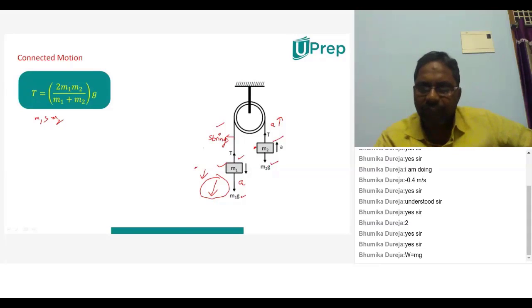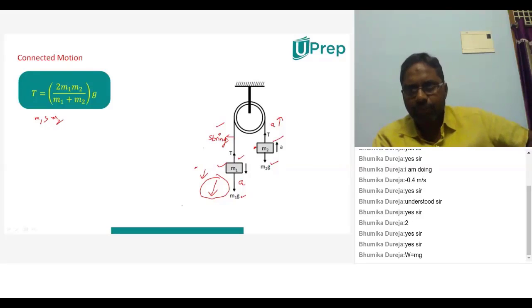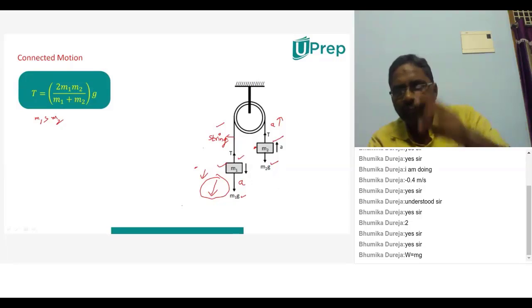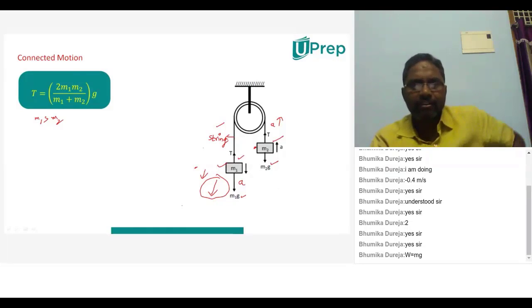And that tensional force in this particular string will act on this first mass in the upward direction, and on the second mass also it will act in the upward direction. So tensional force is there, weight is also there, and due to that it is moving to some side.